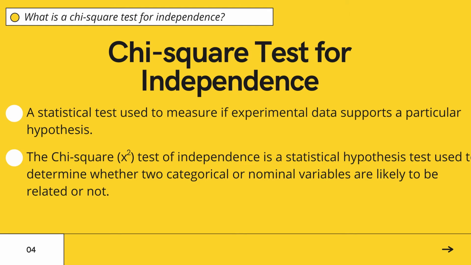This is a statistical hypothesis test used to determine whether two categorical or nominal variables are likely to be related or not, answering the question: do the values of one categorical variable depend on the values of other categorical variables? That's why it is also known as the chi-square test of association, finding if there is an association, if there is an influence.